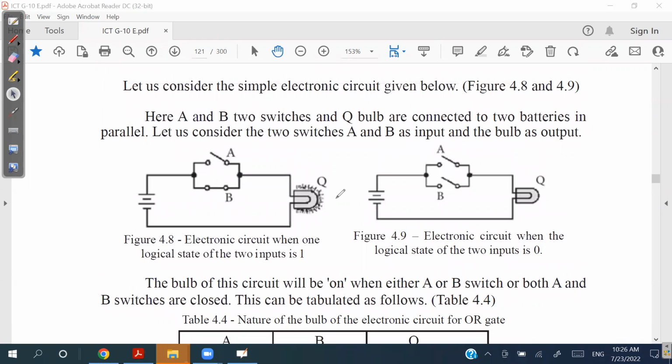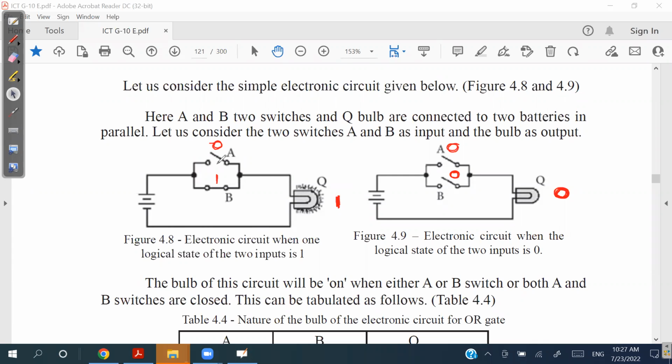Lighting up the bulb will indicate 1. The bulb is not lighted up, it indicates 0. Switch is closed, indicates 1. Switch is open, indicates 0. So if both the switches are open, then the bulb is not going to light. In all other cases, the bulb is going to light up.